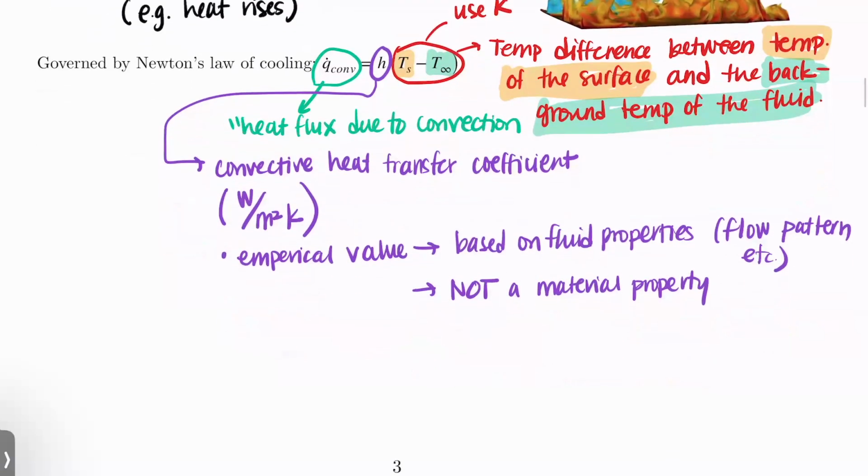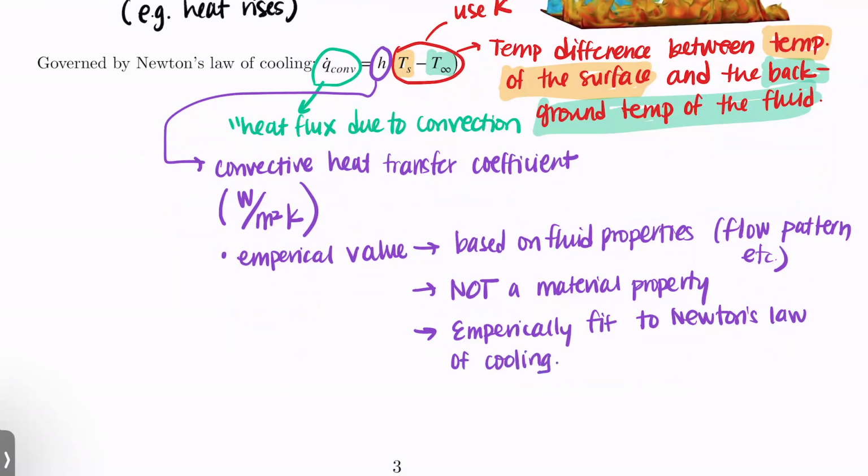And so this value is actually empirically fit to Newton's law of cooling. All right, so what that means is lots of experiments were done, Q dot was measured, and the temperature differences were measured, and then all of those data points were used to find H. Okay.